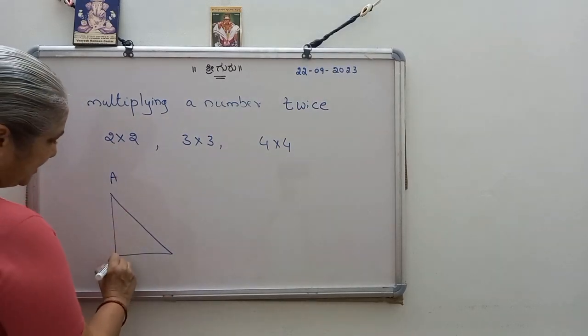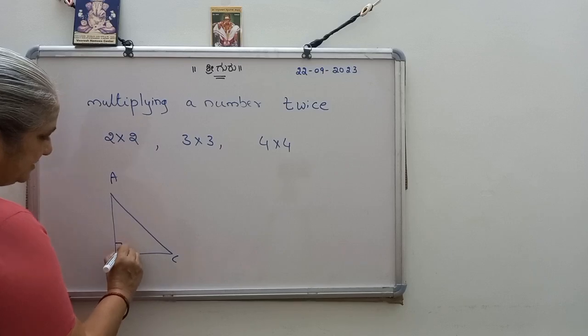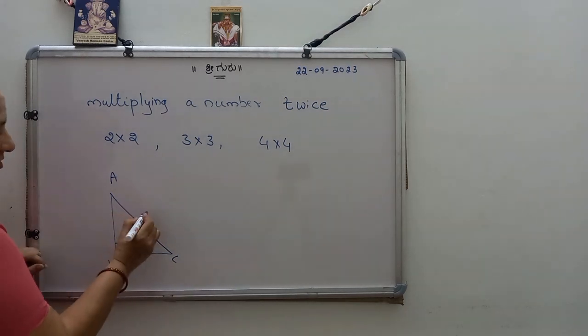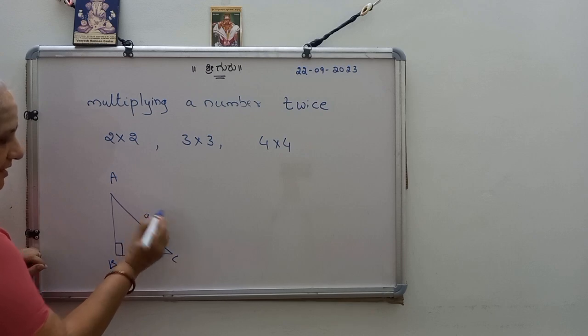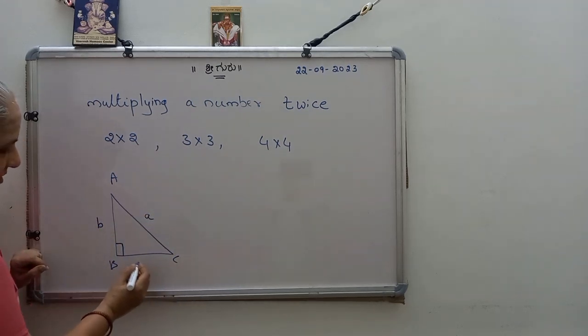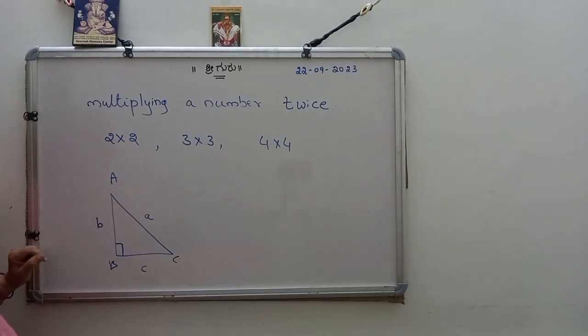ABC is a right triangle. Let the length of AC be a. Length of BC be b. Length of AB be c.